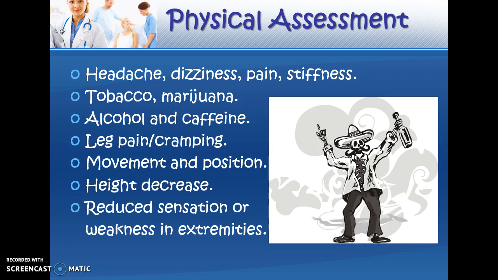Also, height decrease in women older than 50 is a measurement that can be useful in screening for osteoporosis. A loss of height is frequently the first clinical sign of osteoporosis.